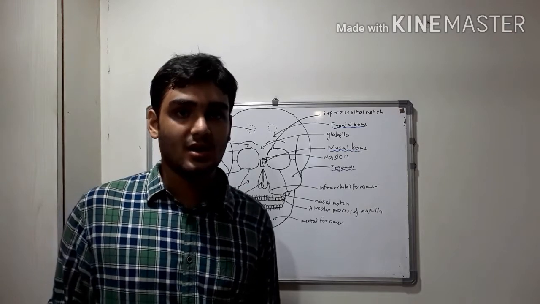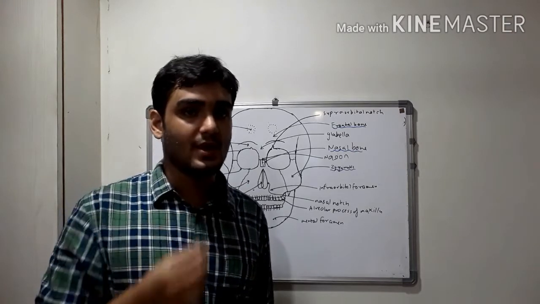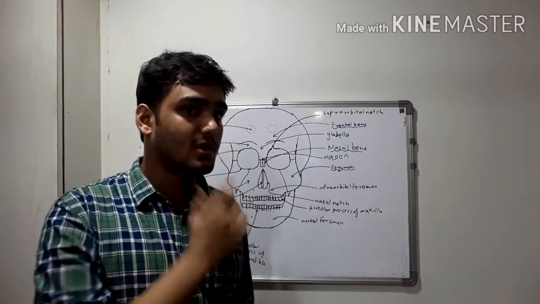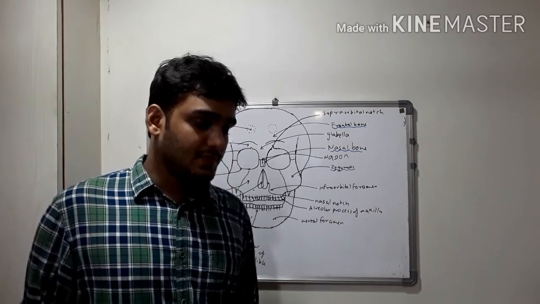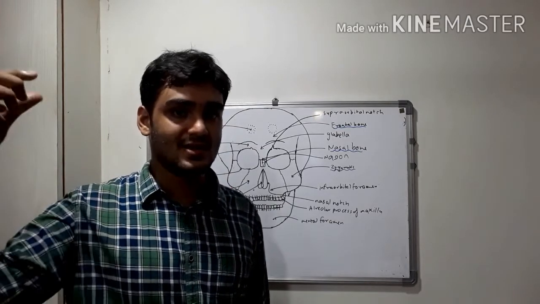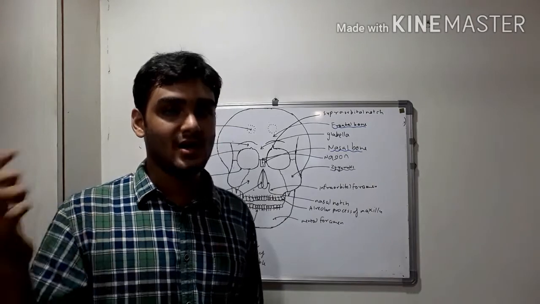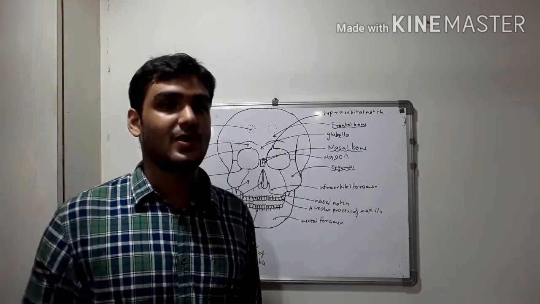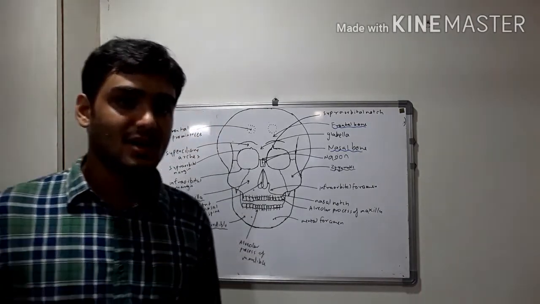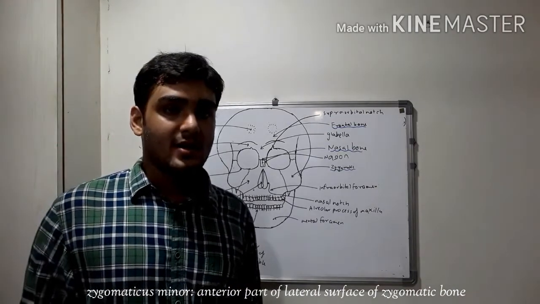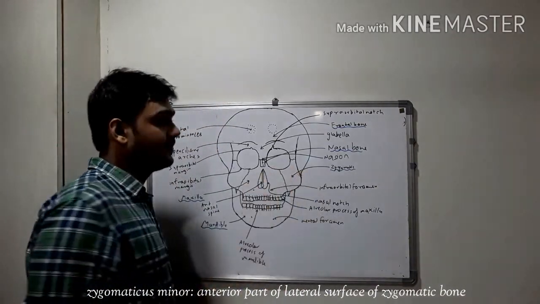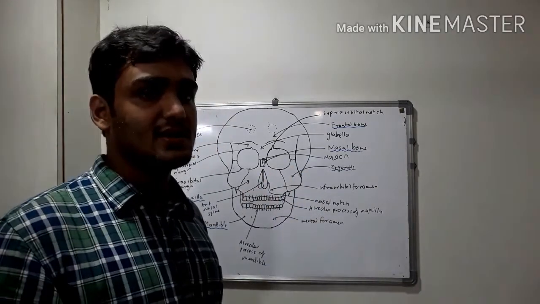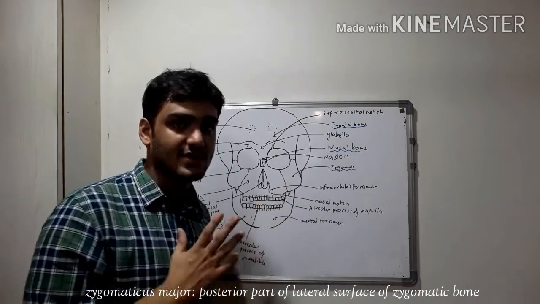And you may say that the upper lip is anterior to the angle of mouth. So the origin of the muscle which is inserted at the upper lip should be anterior to the muscle inserted at the angle of mouth. So the zygomaticus minor muscle originates from the anterior part of lateral surface of zygomatic bone, and zygomaticus major originates from the posterior part of lateral surface of zygomatic bone.